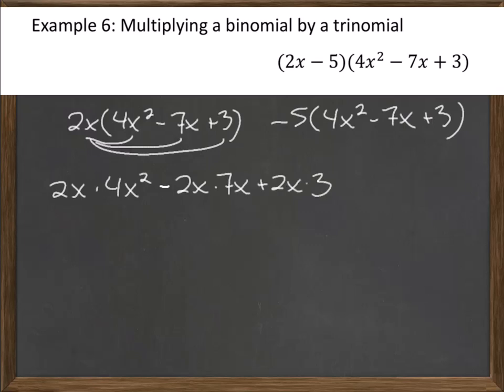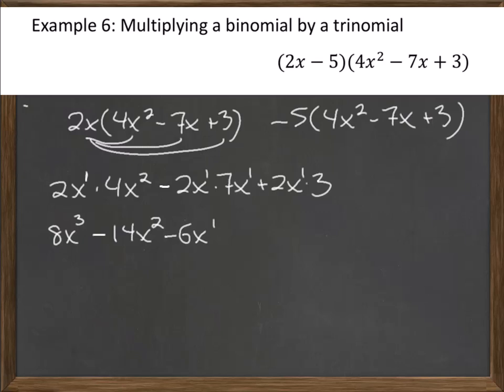Let's go ahead and simplify this. Remember, anytime you don't have an exponent, you can put a 1 there. So 2 times 4 is 8. X to the first power times x to the second power is x to the third power. Then we have 2 times 7 is 14. And 1 plus 1 is 2. 2 times 3 is 6. And then we just have x to the first power.